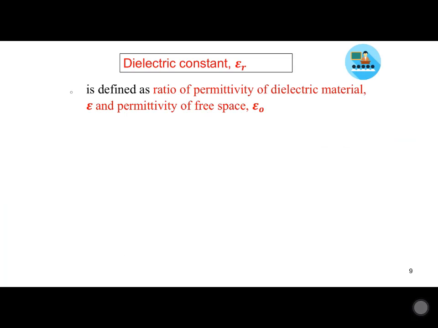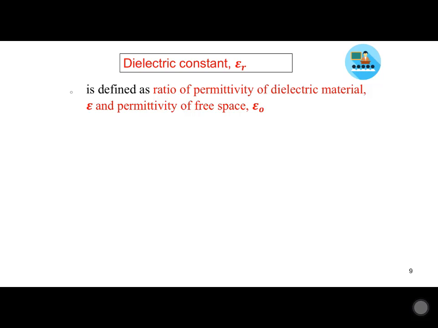So the dielectric constant, which is epsilon R, we have seen so much from the beginning of this video. This is defined as the ratio of the permittivity of the dielectric material, which is epsilon, because we said just now the capacitance value will depend on the permittivity.